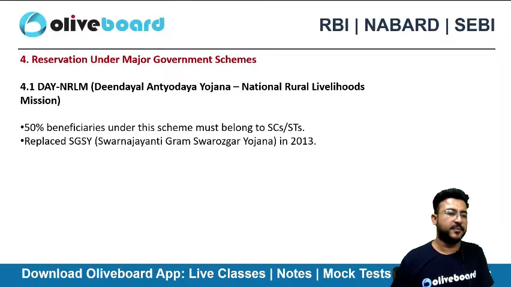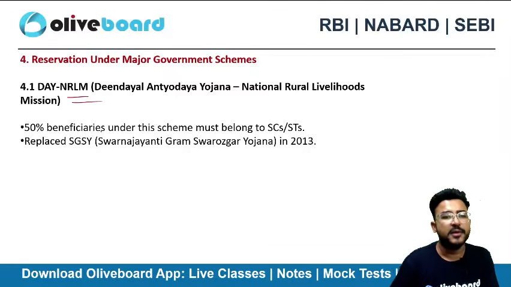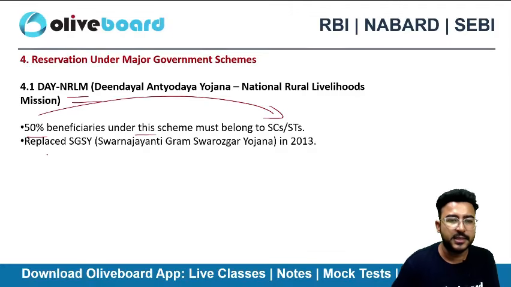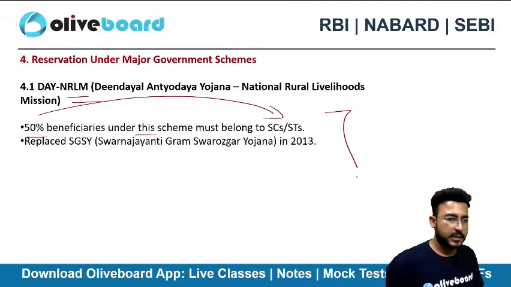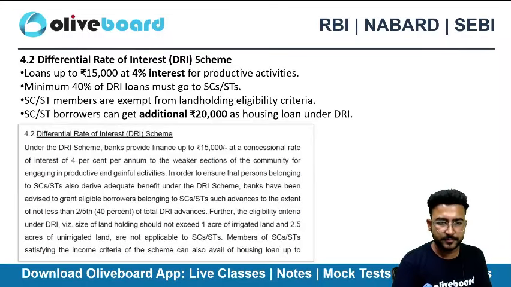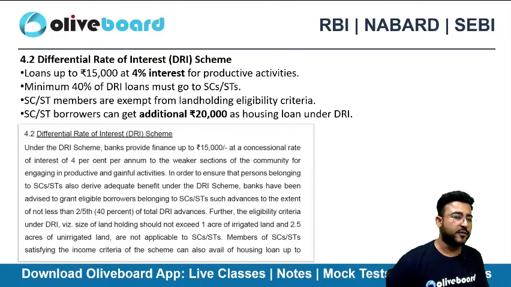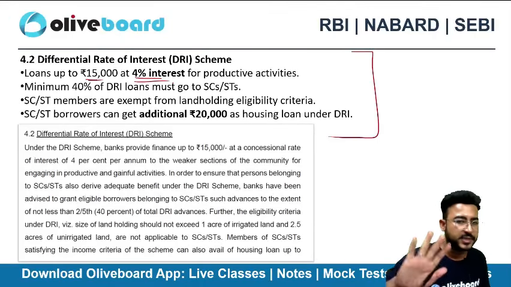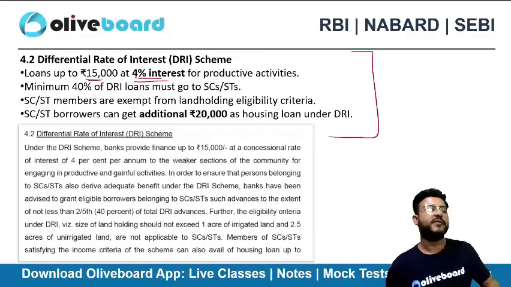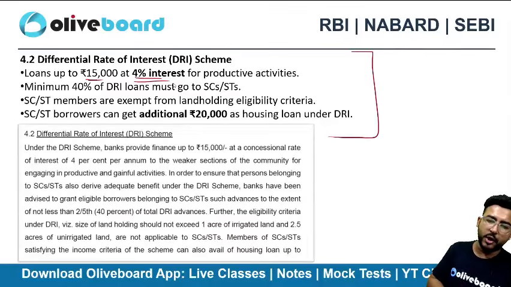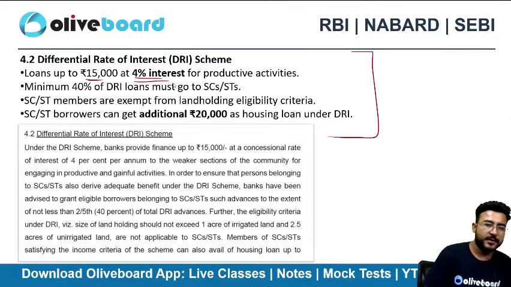Plus, there will be a reservation under the major government scheme DAY NRLM. 50% of the beneficiaries under the scheme must belong to SCs and STs, right? Plus, there is a differential rate of interest scheme as well. Loans up to 15,000 will be given at 4% for productive activity, right?